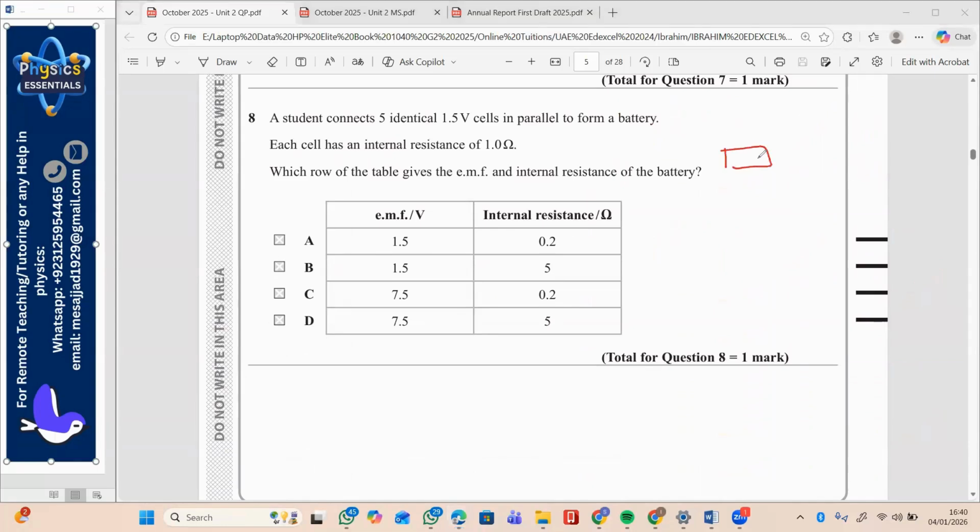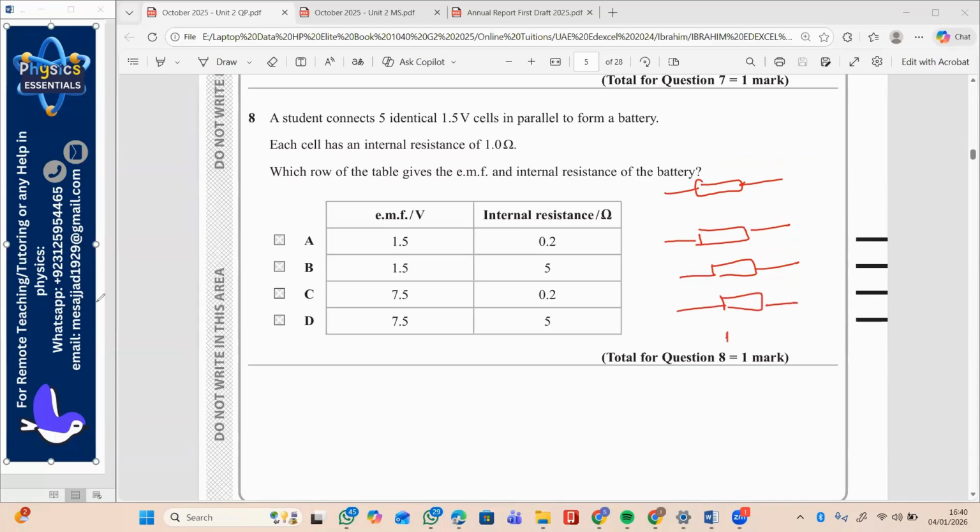Okay, so here is, let me draw them again. So this is one battery, this is second, this is third, this is fourth, sorry, not resistor.